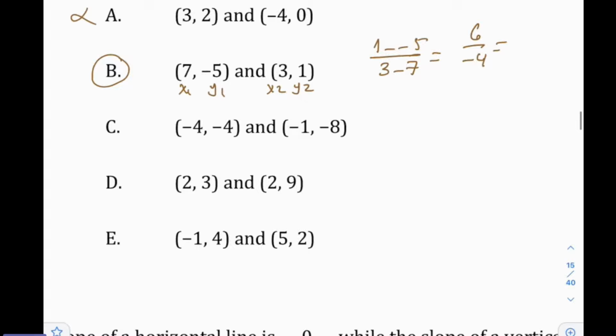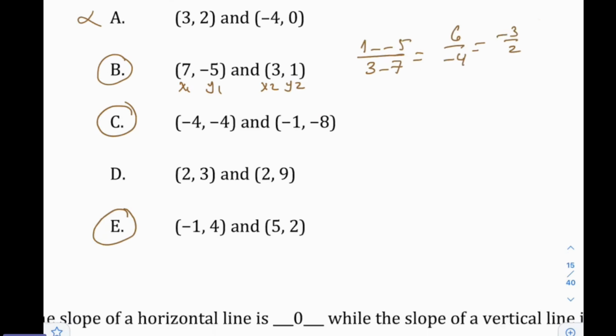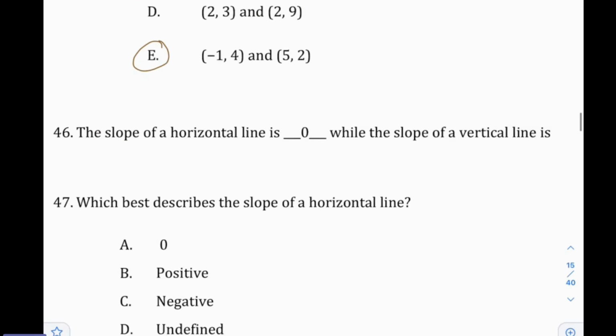So it is negative slope, irrespective of simplifying. And this will also be with negative slope, and this will be with negative slope as well. Check alone, and you will find that this is correct.